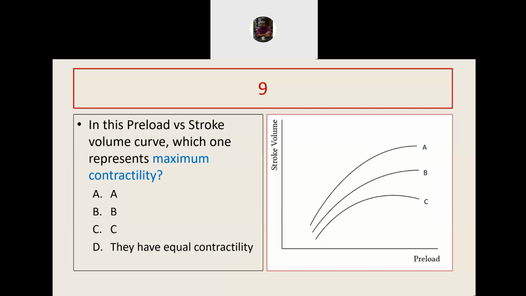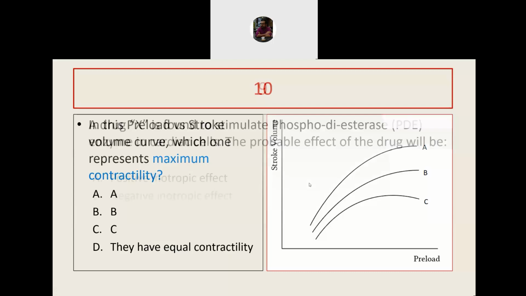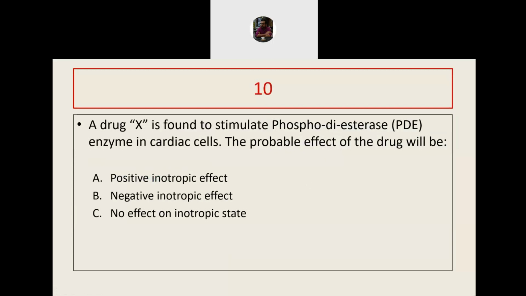Fine. Finally, we come to the 10th question, after which we start our discussion. Read the question carefully. We are talking about a newly discovered drug, X. It is found to stimulate the phosphodiesterase enzyme in the cardiac cells. What will be the probable effect of the drug?